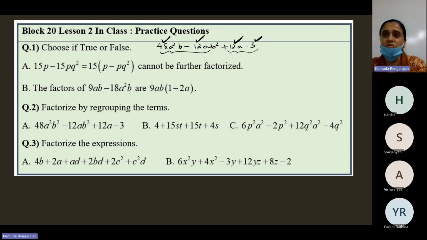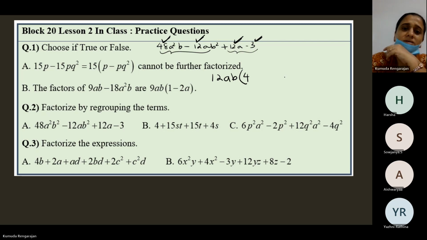So what's the HCF of these two terms? 48 and 12. What's the HCF? 12. Then a square and a, least power, a. b and b square, b. Open a bracket. Now this into what will give you 48 a square b square? I'm sorry, 48a square b square.